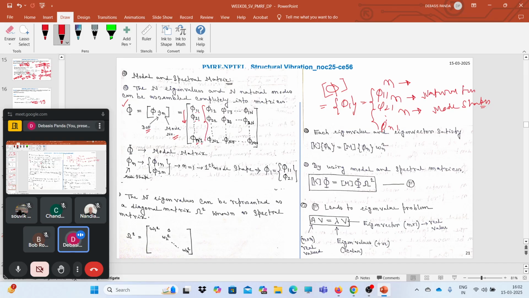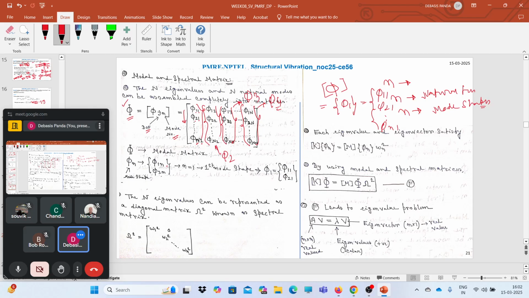Again, if you look at this, this is nothing but your phi 2. This is nothing but your phi 3, the mode shape corresponding to the third mode. This is nothing but the fourth mode phi 4. Right? So the combined matrix we call the mode shape matrix, whose each column contains the mode shape.